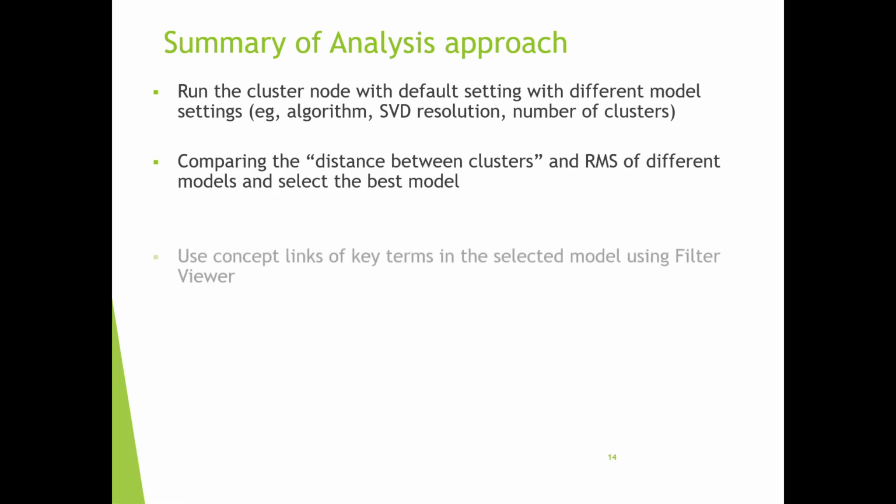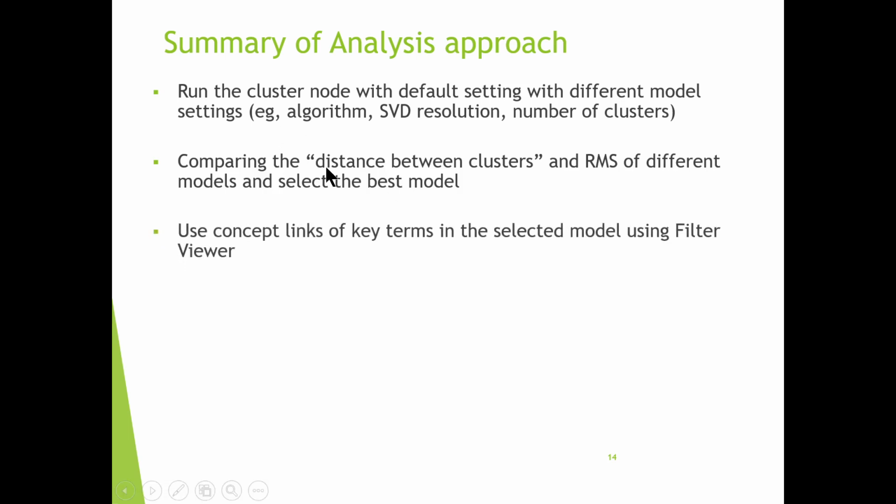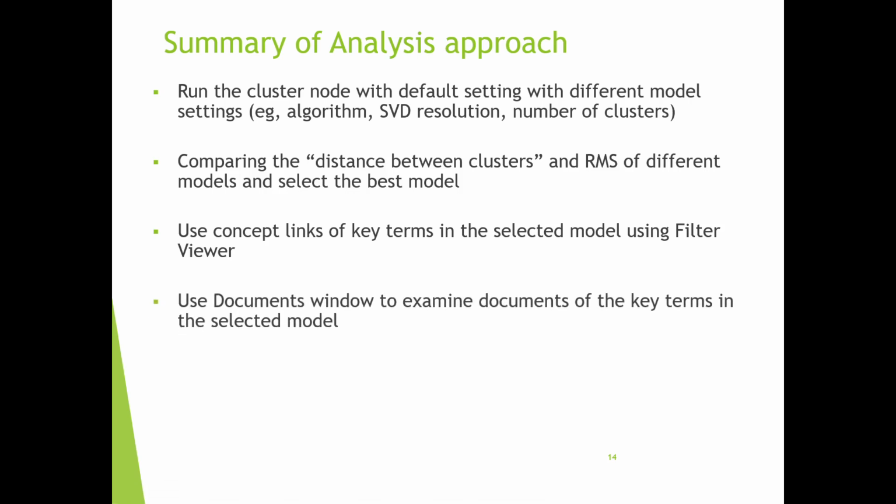After we select the best model, we look at the concept links of the selected model and try to get more insight relating to key terms. We can also look at the documents window to examine the original documents of the key terms. This will give us further insight and confirmation of the themes of the selected cluster. Okay, thank you.